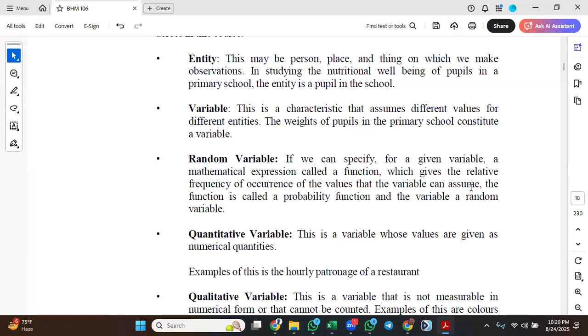Now, let's say the highest known frequency is 1.2. Let's say after we've collected the data, most of them are 1.2, 1.2, 1.2. If 1.2 is the highest frequency, then the probability of picking 1.2 will be very high. I hope we know that in probability, the highest number is 1.